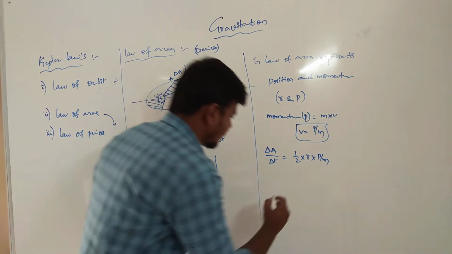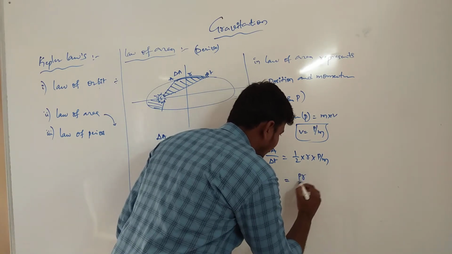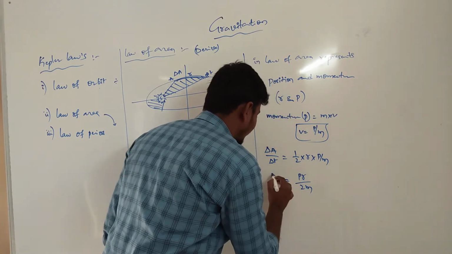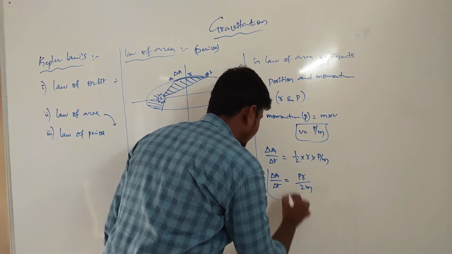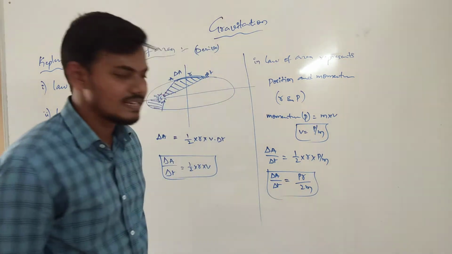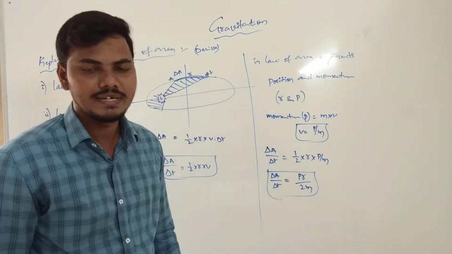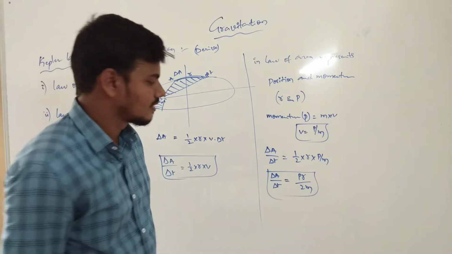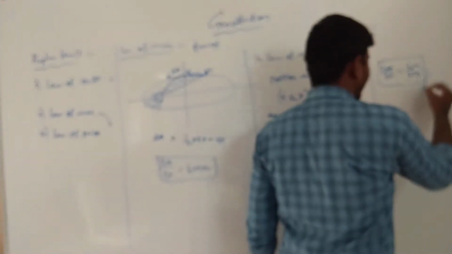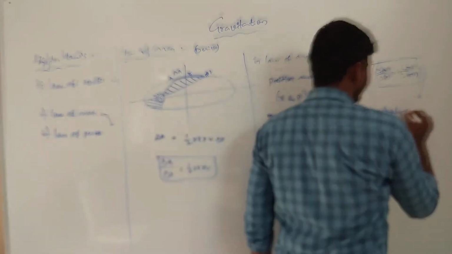Clear? Now next, delta A by delta t equals p r by 2m. Now p r is the angular momentum, L equals p r. Introducing this in the equation, delta A by delta t equals L by 2m, where L is the angular momentum.